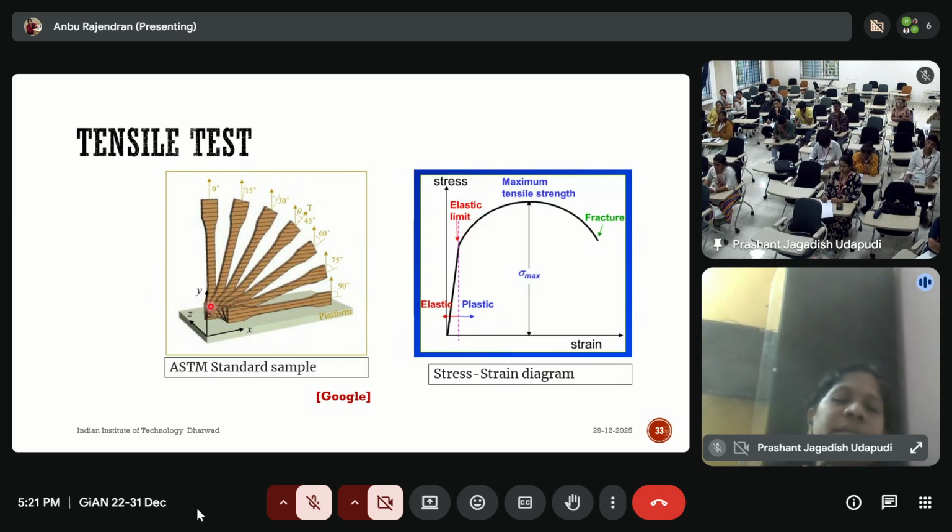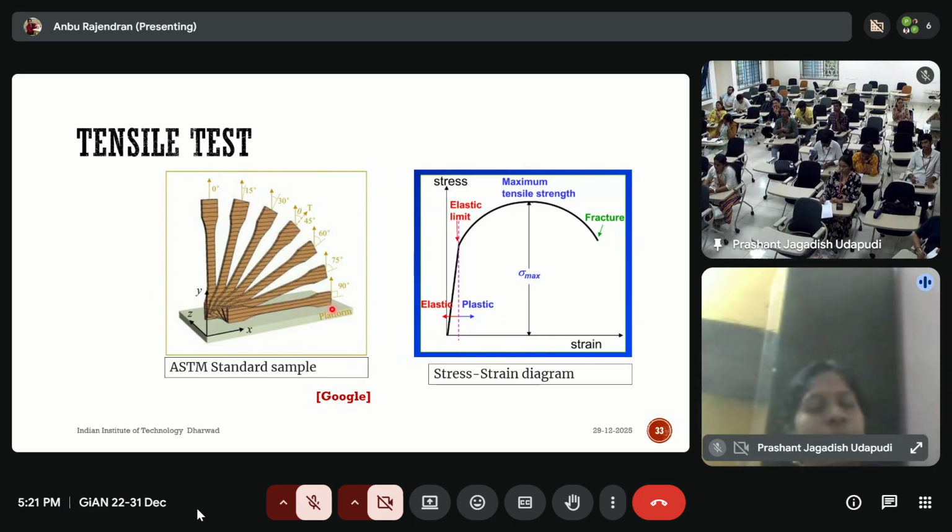In tensile testing, one thing you must remember is the orientation of the sample preparation. For example, this is a rolled plate, so the direction in which you prepare the sample will give a different stress strain curve. You can observe considerable variation with respect to the orientation.